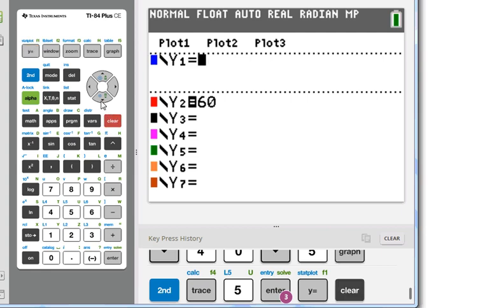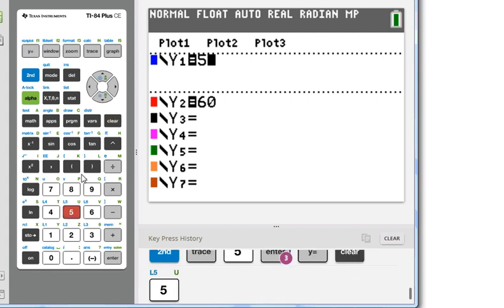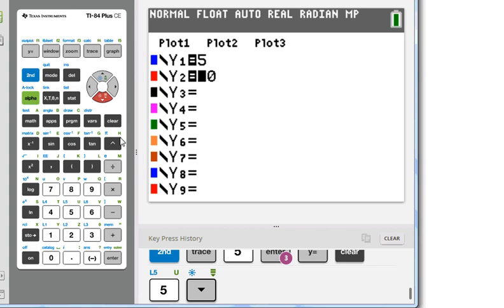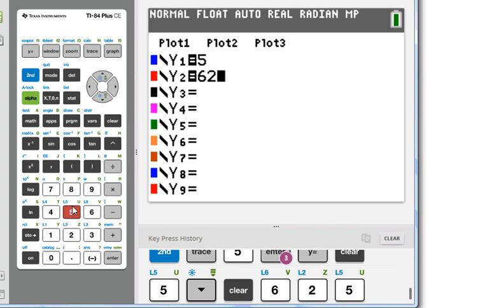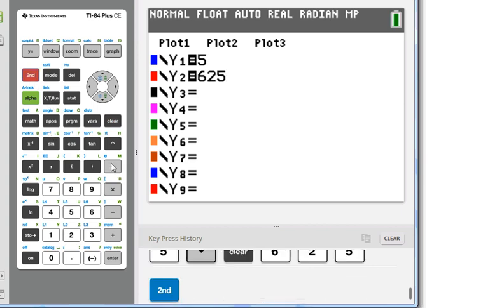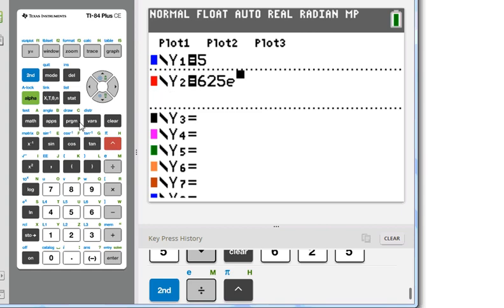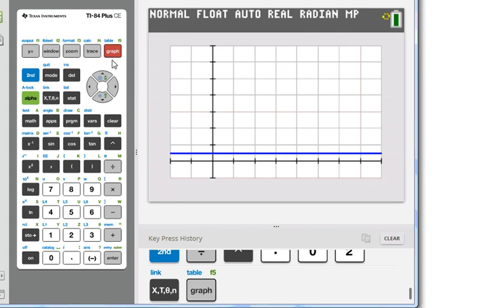We have our left side equal to 5, and our right side equal to 625 e to the power of 0.02x, and we'll just graph and see what happens here, not changing anything.